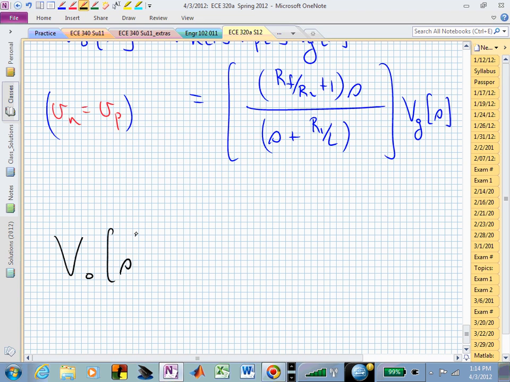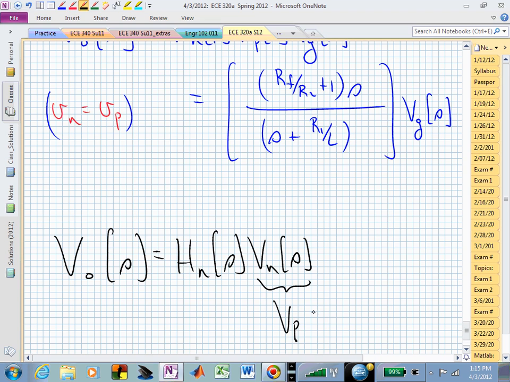You can say, okay, V sub 0 of s was this H sub n of s times V sub n of s. And now replace this with V sub P, which was actually H sub P of s times V sub G of s.